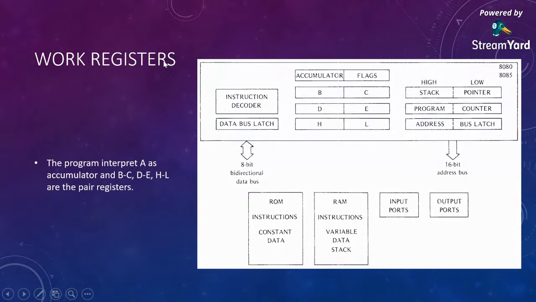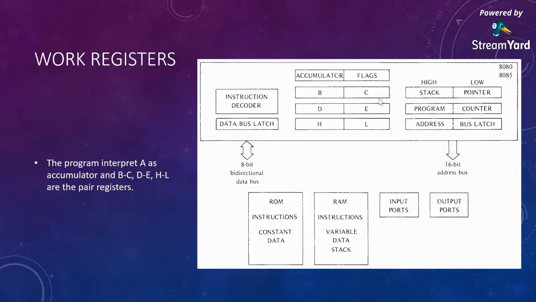So these are the work registers. Basically, the program interprets the work registers as the accumulator, flags, B, C, D, E, and HL. Registers, as I said previously, are basically a memory or storage to help the microprocessor process something.